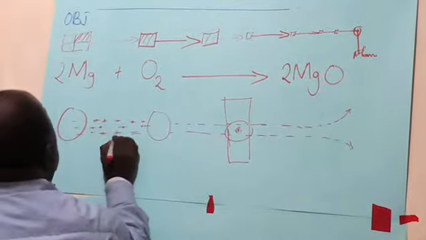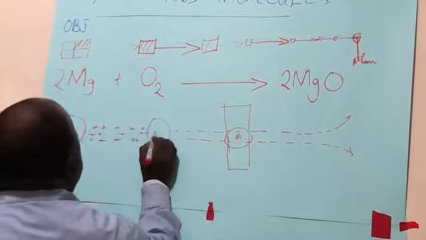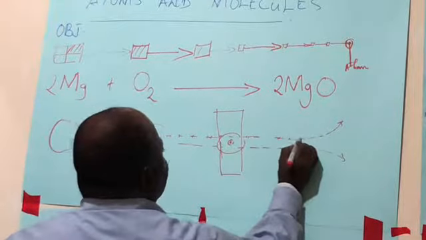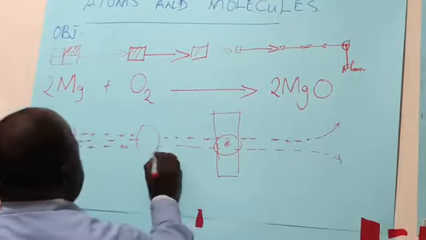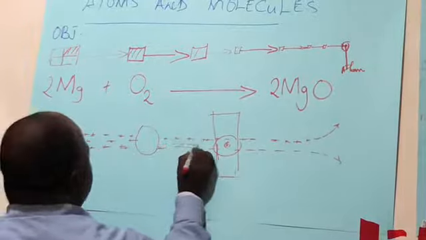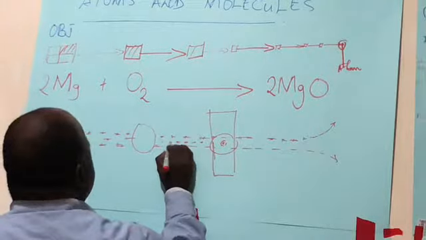Some particles that did not go close to the nucleus passed by and went all through.